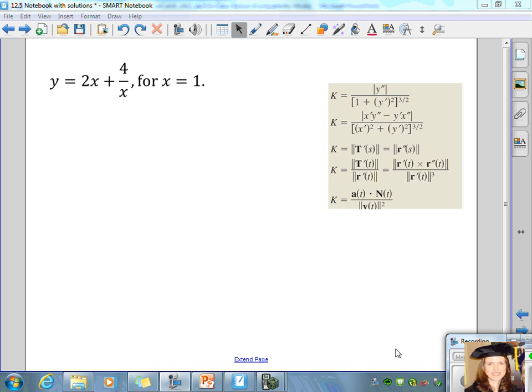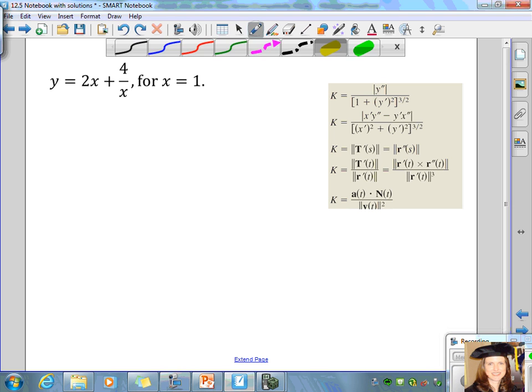Now, since the path is already given in terms of y in terms of x, the formula that we'll use would be the first one here, which uses y double prime and y prime.